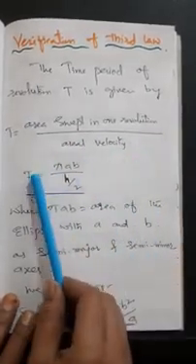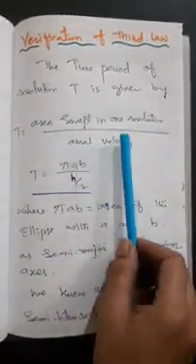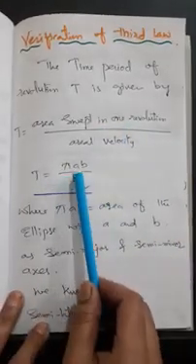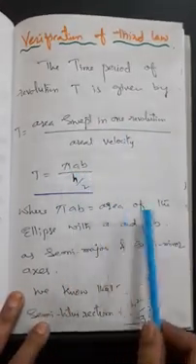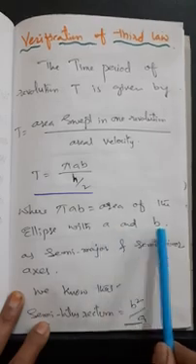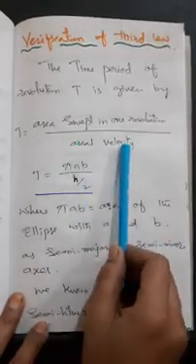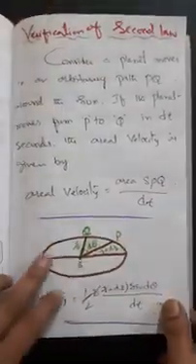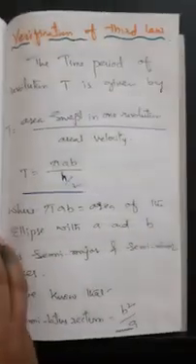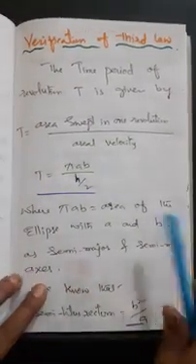We know that the area swept by the planet in one revolution is πab, the area of the ellipse with a and b as the semi-major axis and semi-minor axis. And the areal velocity, we already proved, remains constant: it is h/2.